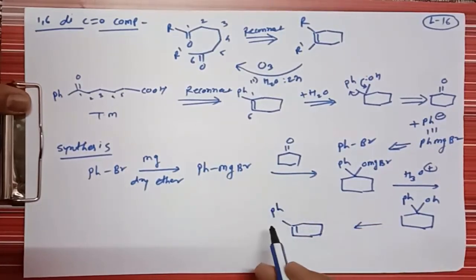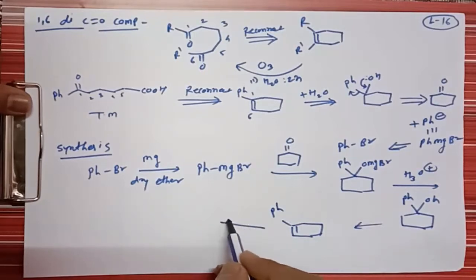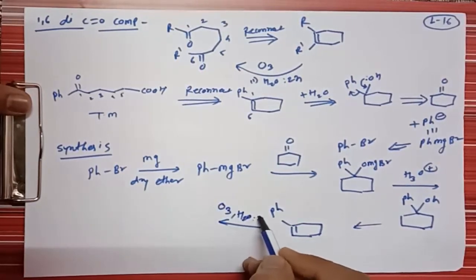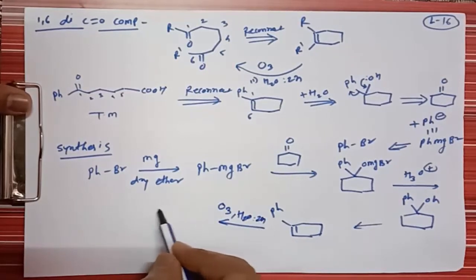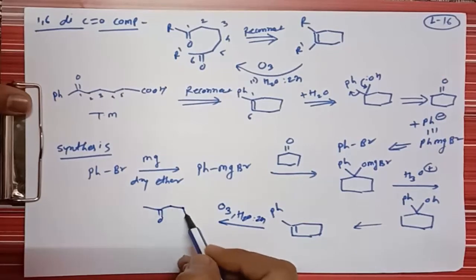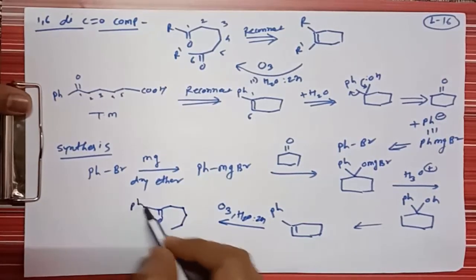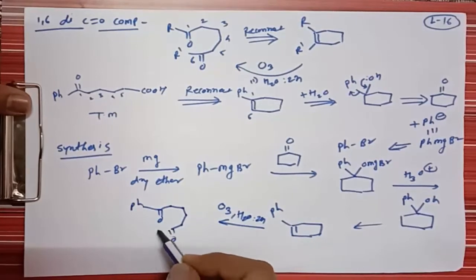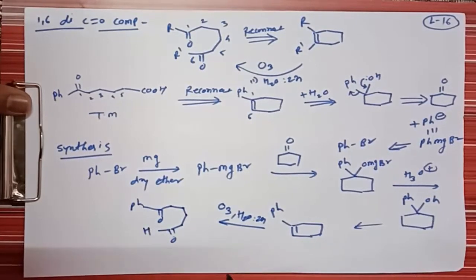If we treat this molecule with ozonolysis, that is O3, in presence of zinc and H2O, what does it give? It gives a dicarbonyl compound, that is Ph, CH2, CH2, CH2, here 1, 2, 3, 4, 5, and here is the formation of an aldehyde, right?